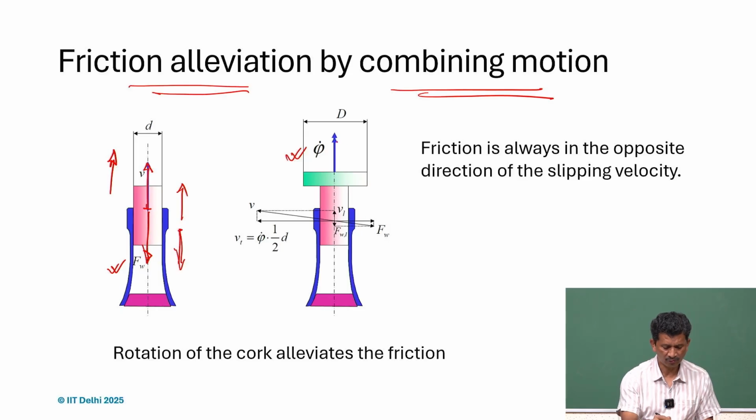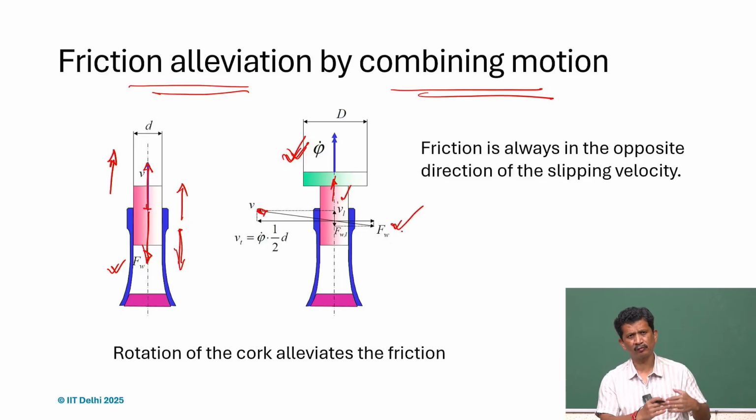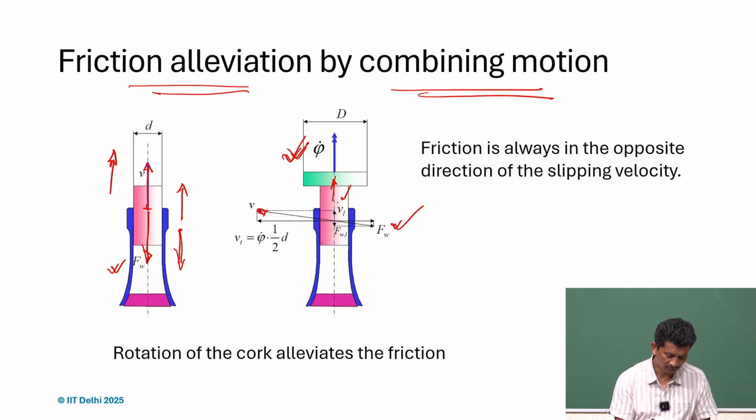But once we have this rotation involved together with the pulling, the direction will be somewhat inclined. So the total friction force will be against that, and what we have to apply along the axial direction is only the component in the vertical direction.